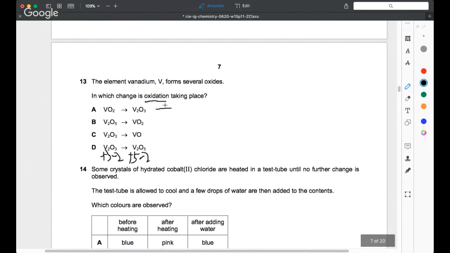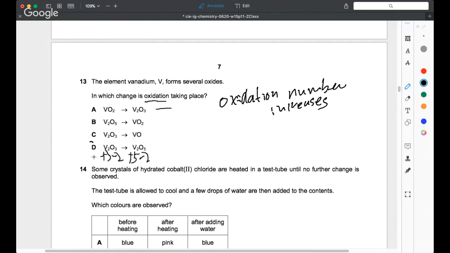Question 13. So oxidation is a process in which the oxidation number of an element increases. In this case, it is D. If we work out the oxidation number, the oxidation number of oxygen is -2, and because you need a net 0 oxidation number for your compound, the oxidation number of vanadium will be +3.